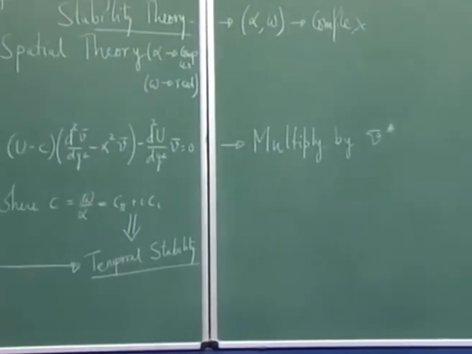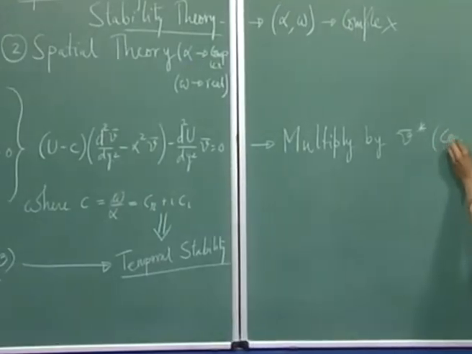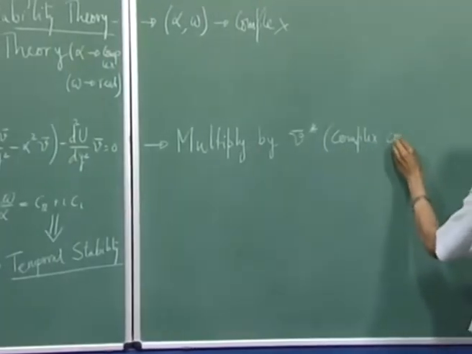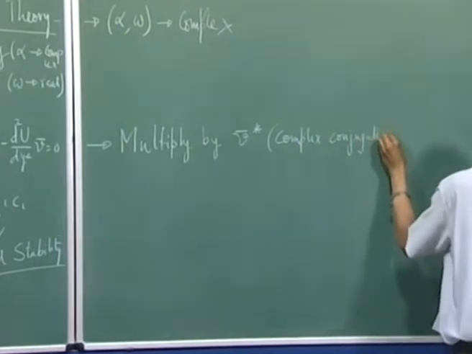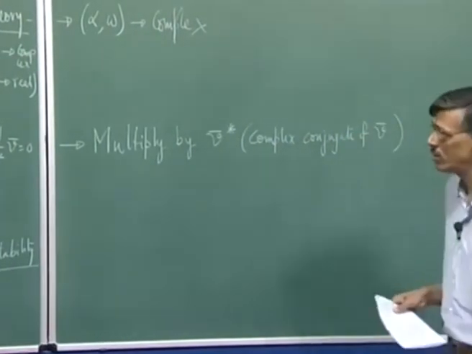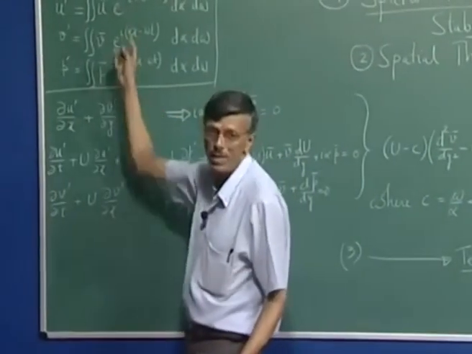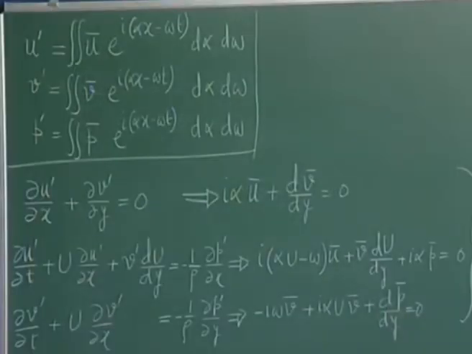What is V bar star? This is nothing but the complex conjugate of V bar. You realize that all this disturbance amplitude would in general be complex, right?